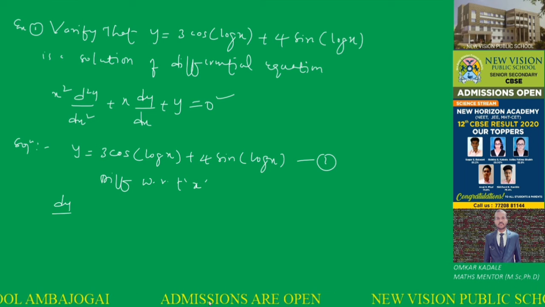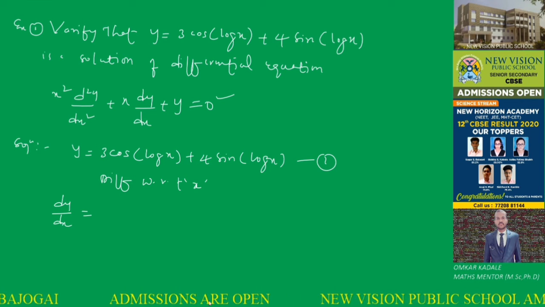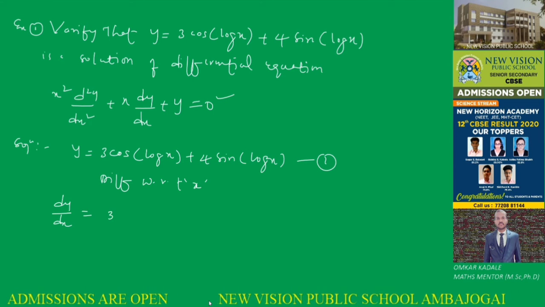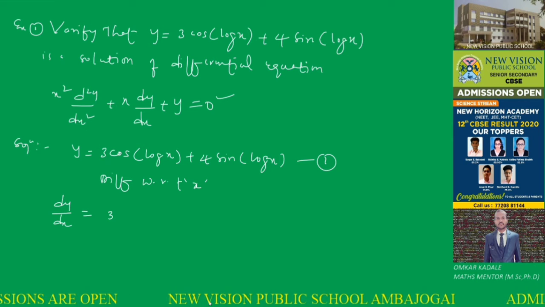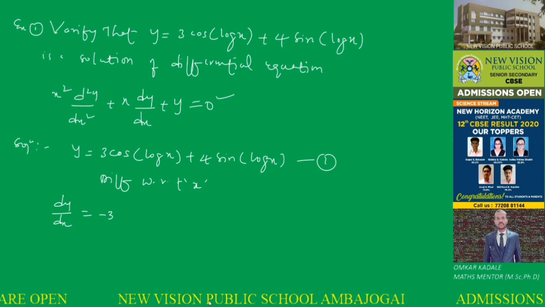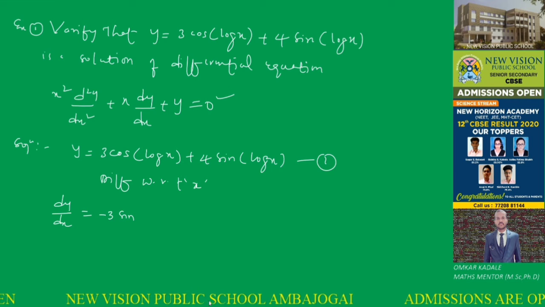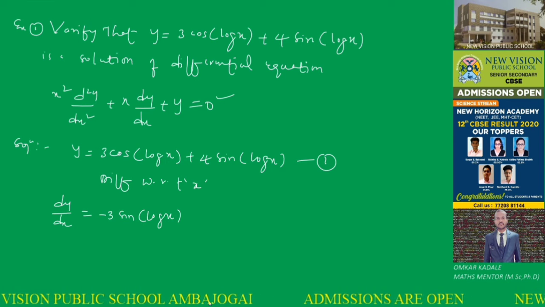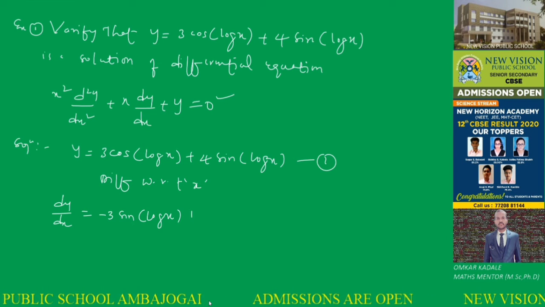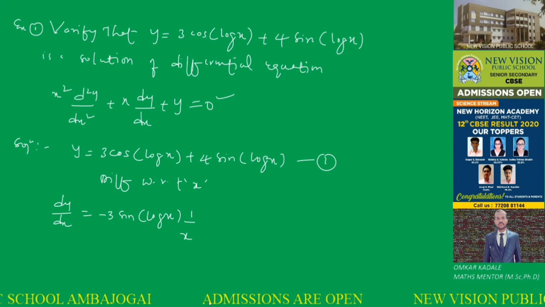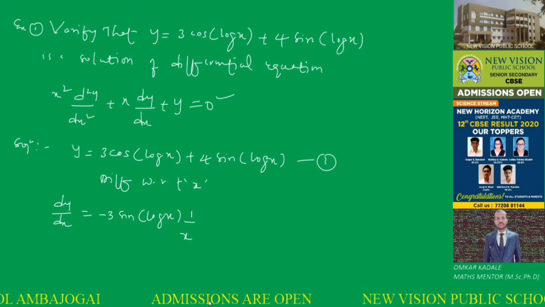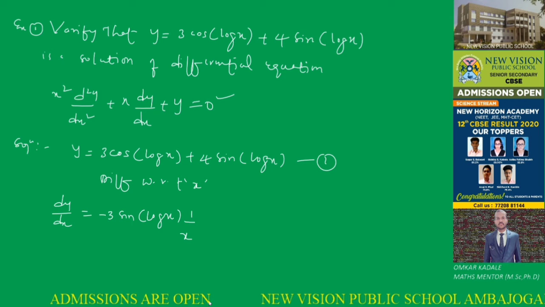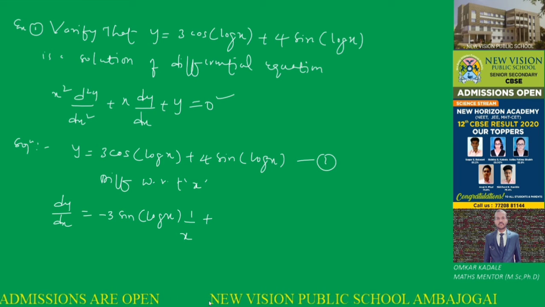So dy by dx equals the differentiation of 3, a constant, as it is. Differentiation of cos log x means minus sin log x, and again differentiate log x, which is chain rule, and we get 1 by x. Already you know differentiation well, so I can write directly: minus 3 sin log x into 1 by x, plus 4 as it is.